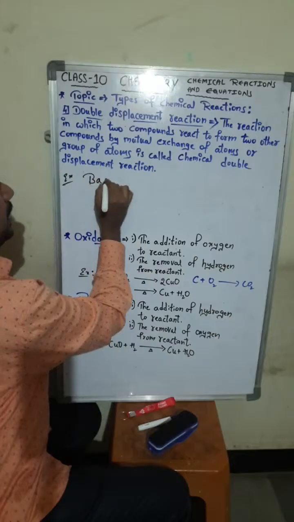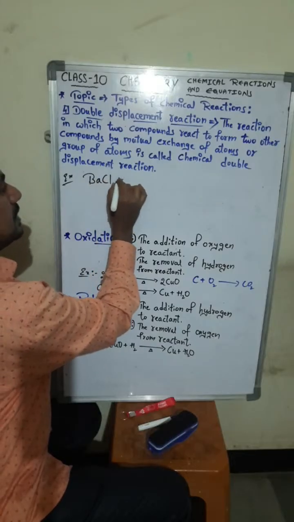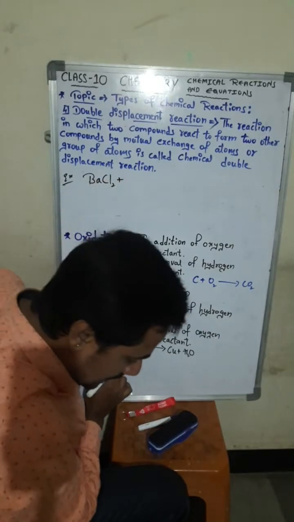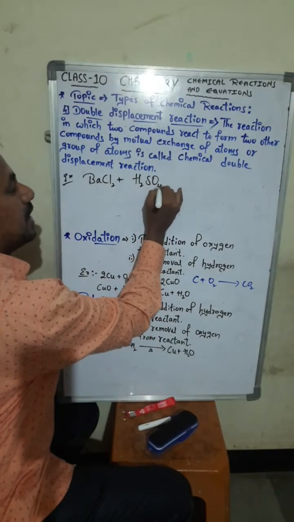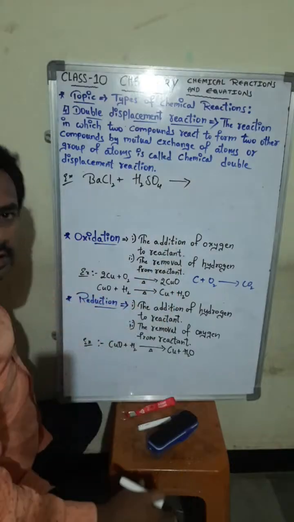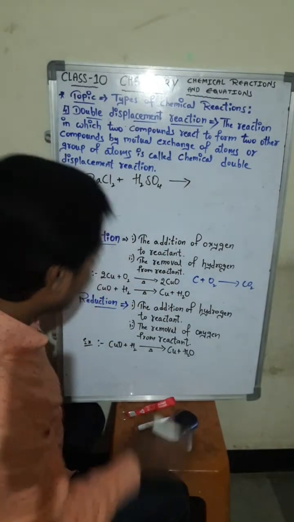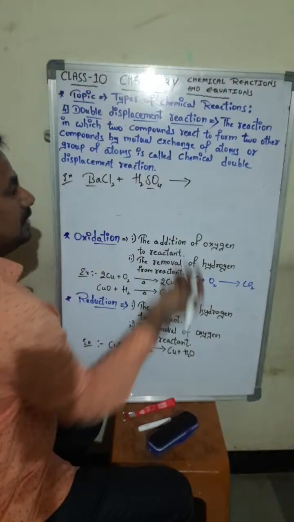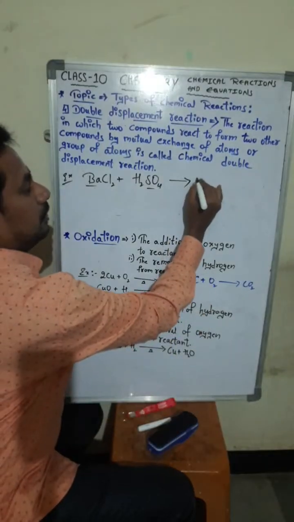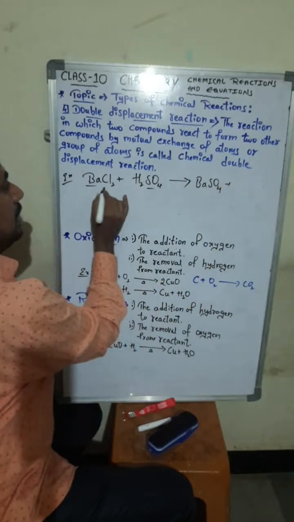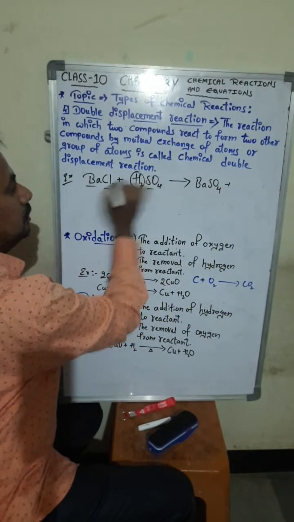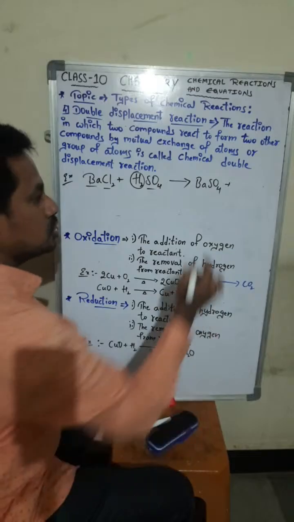Again, I am taking barium chloride, BaCl2. When it combines with the king of the acids, sulfuric acid, what happens? Ba will combine with sulfate, BaSO4 will form, and chlorine will combine with hydrogen.